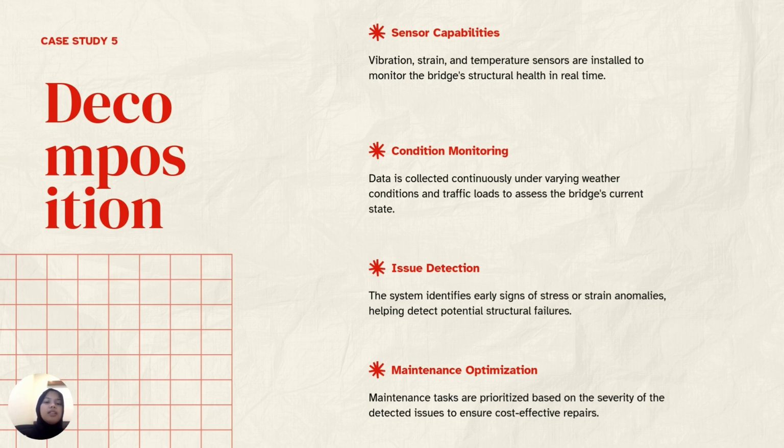The next one is issue detection. The system identifies early signs of stress or strain anomalies, helping detect potential structural failures. The last one is maintenance optimization. Maintenance tasks are prioritized based on the severity of the detected issues to ensure cost-effective repairs.